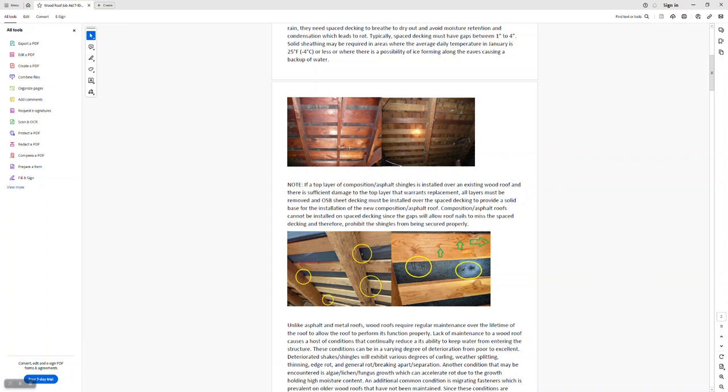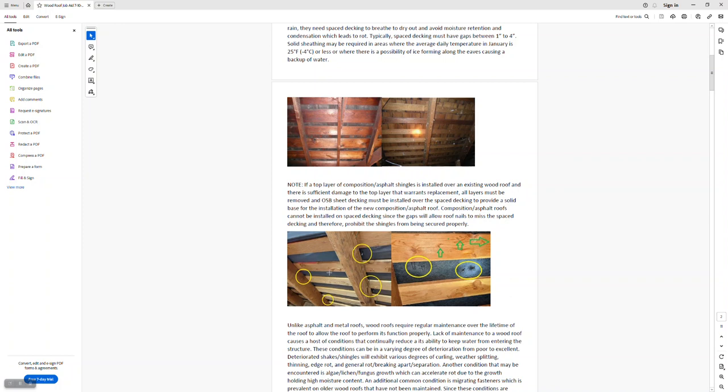It could be 1x12s, 1x6s, a mixture of all kinds of lumber, but typically it's going to have some kind of spacing in it like this. And you'll see why if you have, for instance, composition shingles installed over wood shake. This is why it's so important that you always have to look if you have comp over wood.